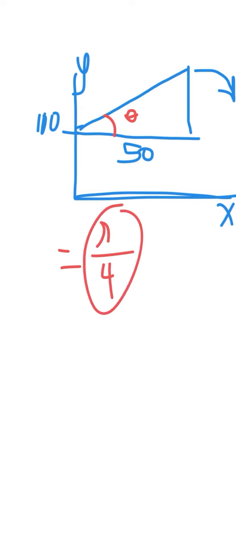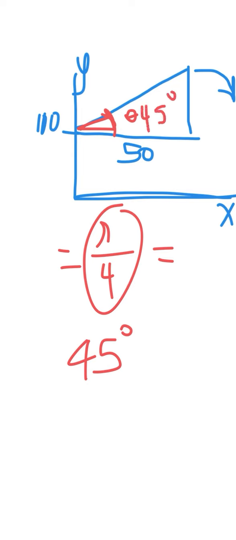However, this is in radians and we want to convert this to degrees. In order to convert this to degrees, we will get 45 degrees. So that is this angle right here, 45 degrees. So now we've answered the first question. We found the initial vector velocity, which is 50 meters per second, and we also found the angle that is made with the x-axis, which is 45 degrees. Now we can move on to the next part of the question.